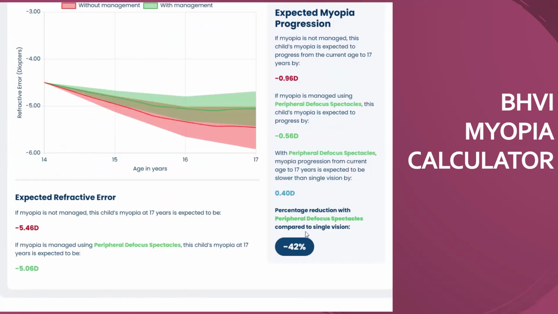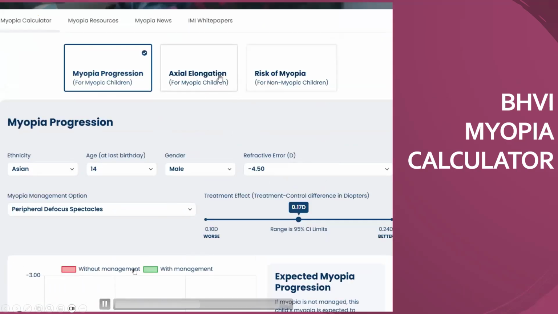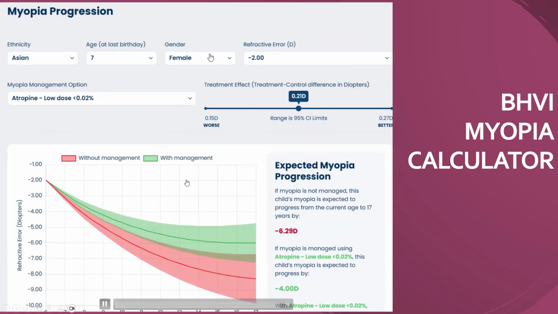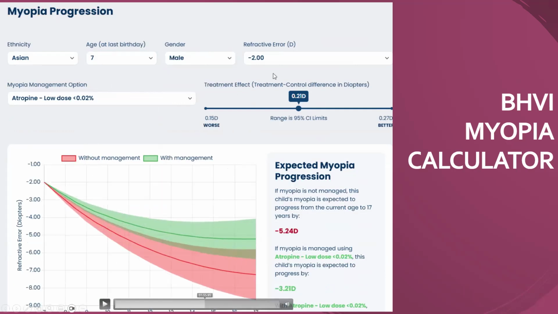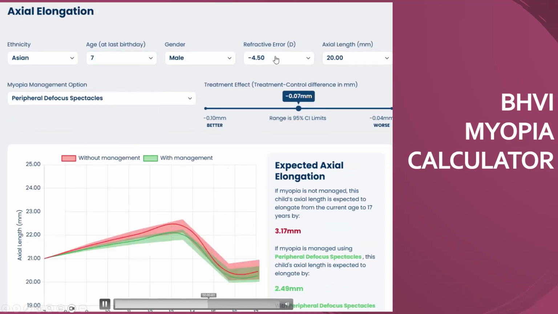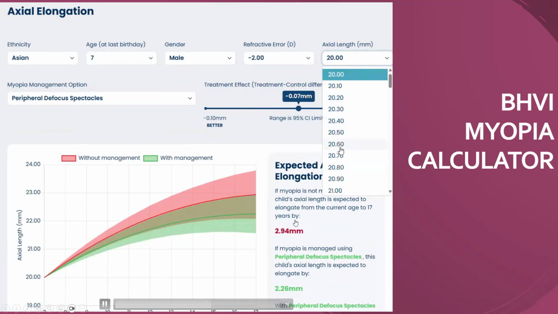Then you can actually see axial elongation. This is where it becomes interesting. Now, for myopic children, you can put some axial length. So you have to put axial length here, refractive error here, and then they will tell you with management and without management what is the axial length change.